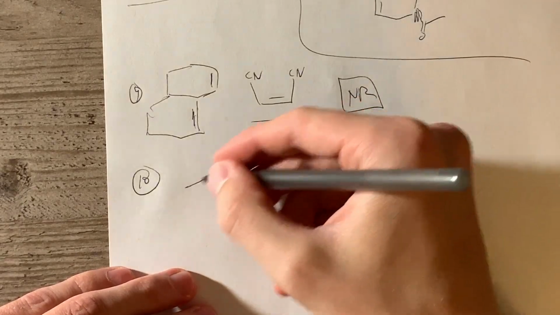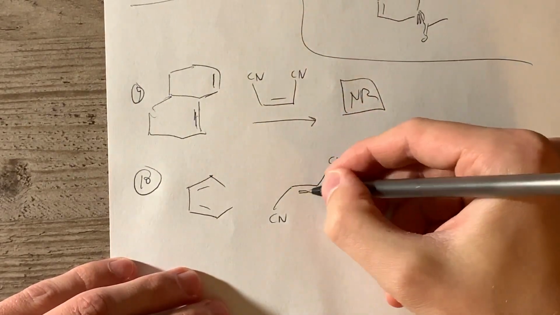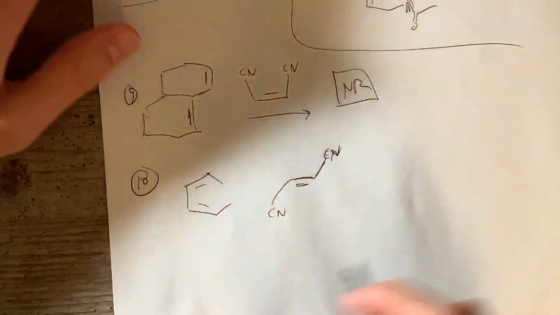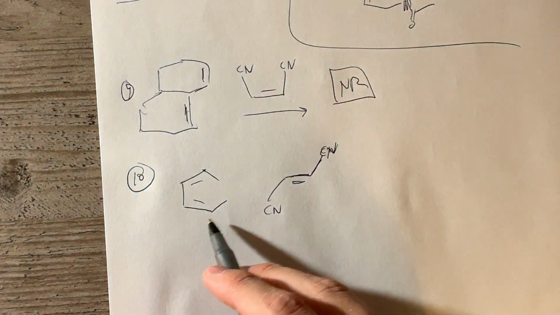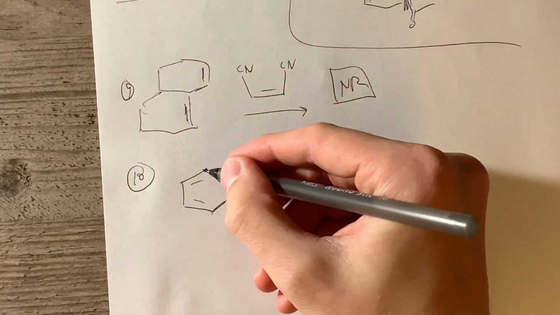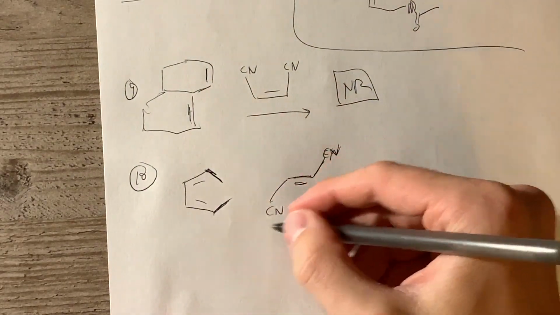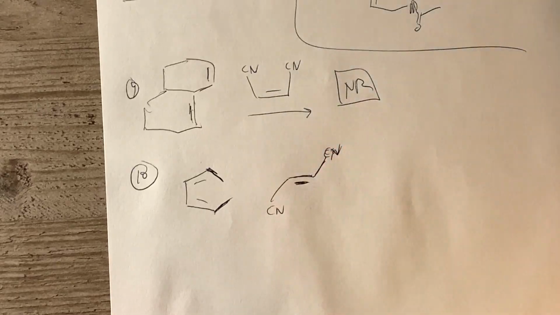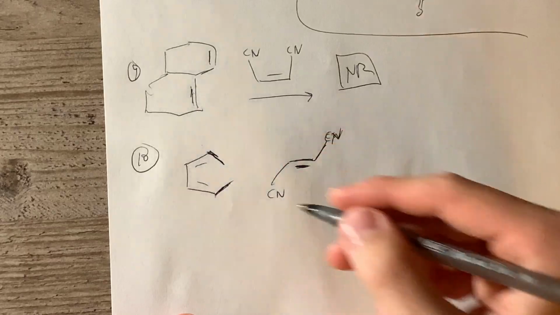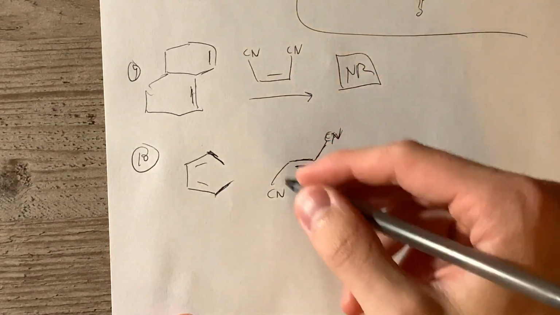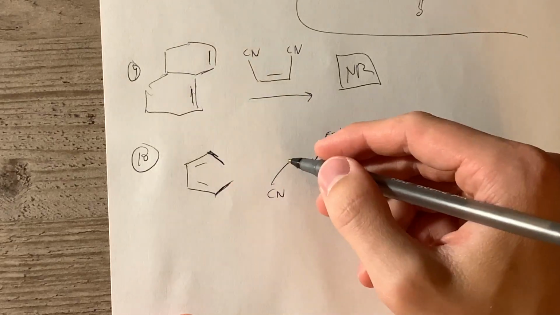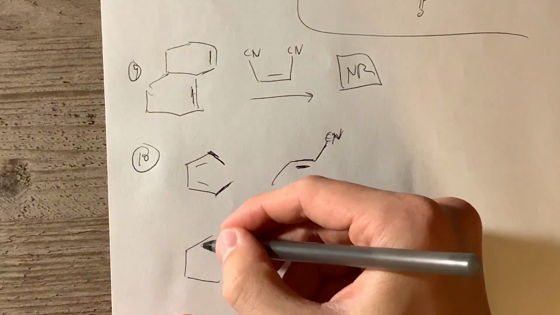10's a good one. All right, this is our first one where it's getting to like the real thing. So you have our diene, and we have methyl groups going in, and then we have our dienophile. Now, the diene is cis, so we're good there. So what I would do next is set this up so that it's ready to come together with the diene.